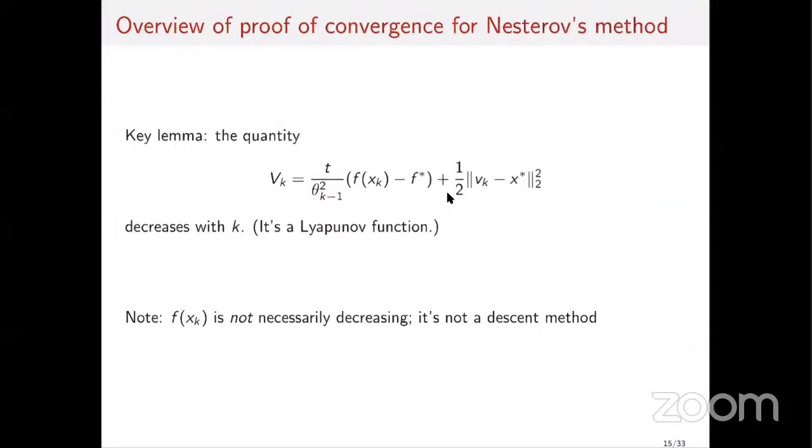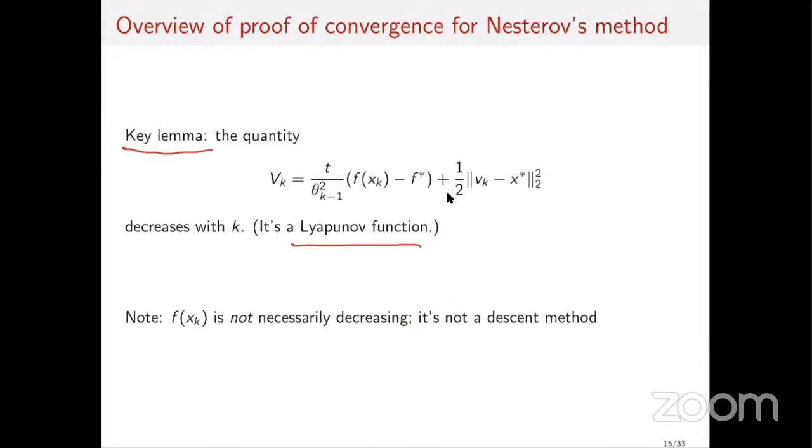But maybe I'll just mention one thing: the key ideas that we use are coming from dynamical systems. The key lemma is to show that a certain quantity decreases with the iterations. In dynamical systems parlance, this is called a Lyapunov function.